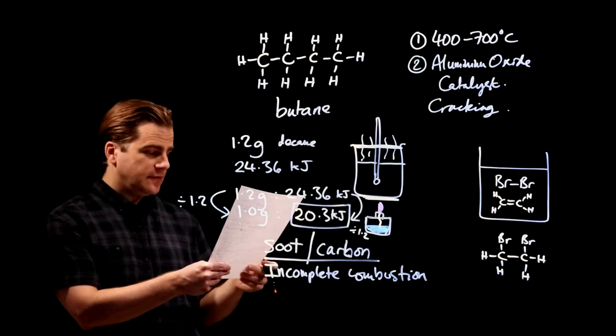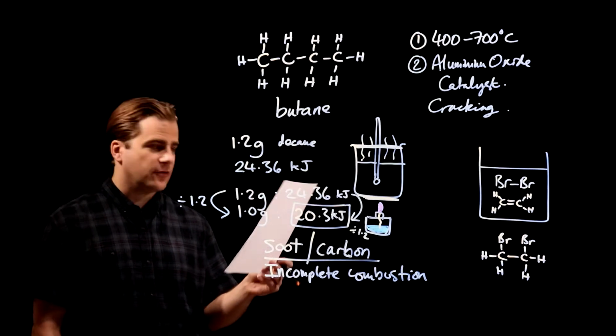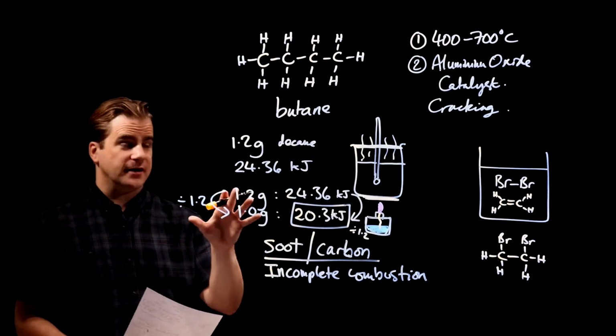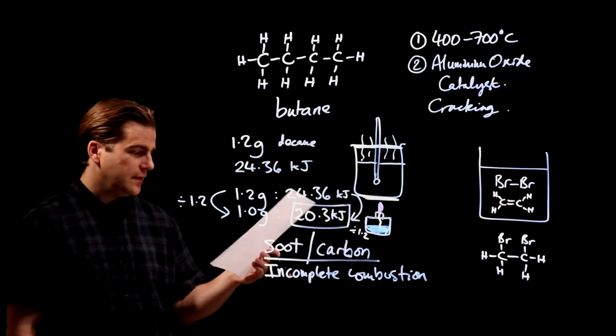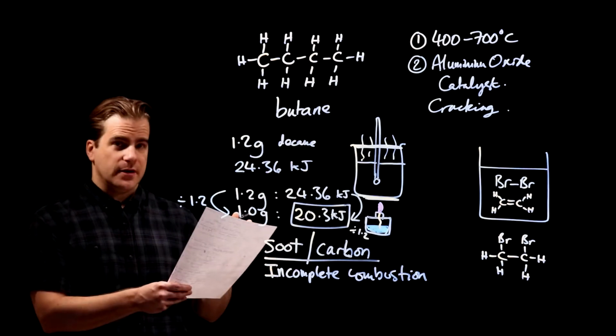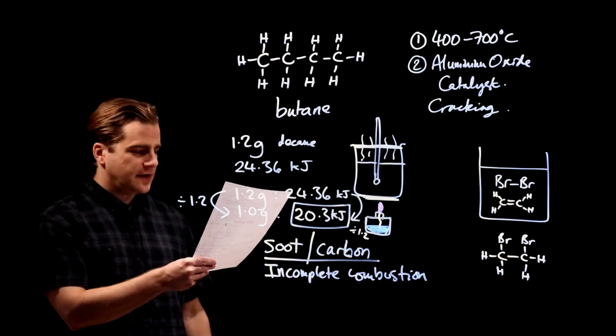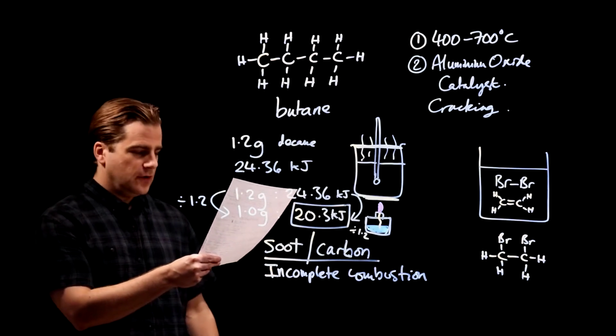Give 2 reasons why hexane is the best of the 4 fuels. Well, I haven't written out the table I've given you in the question sheet, but you can see it at the beginning of the video. So, looking at the numbers in that table, why is hexane the best of the 4 fuels?